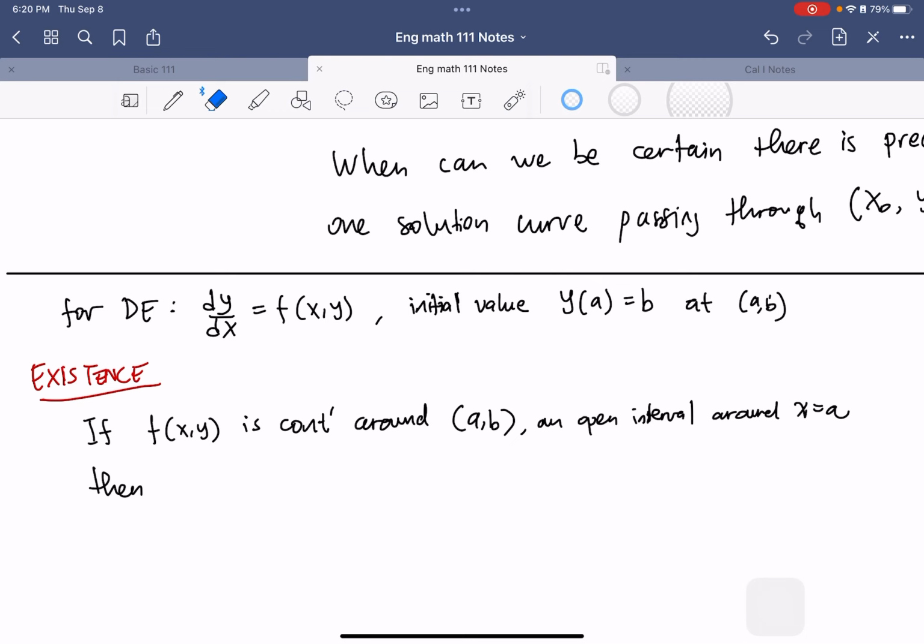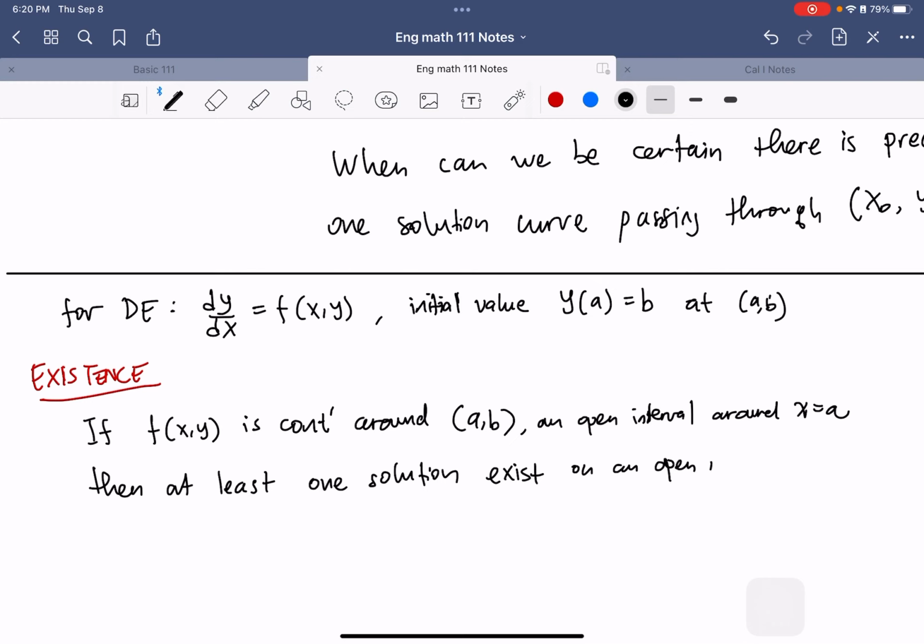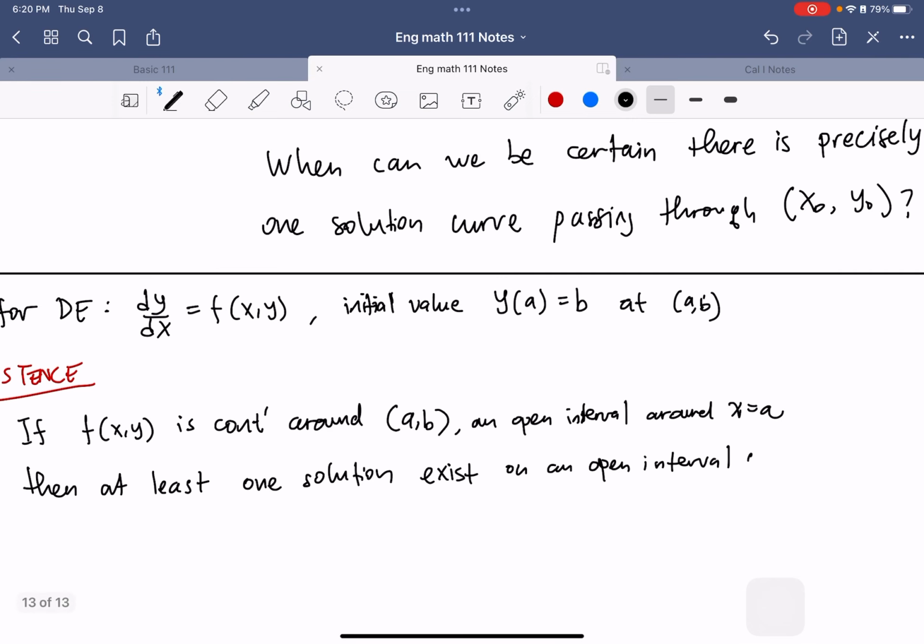Then at least one solution exists on an open interval around x equal a.